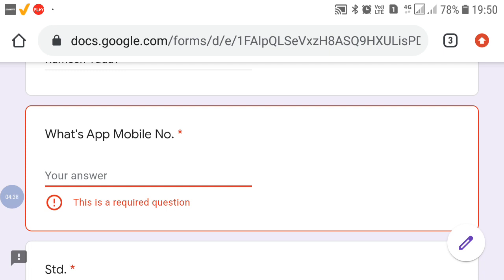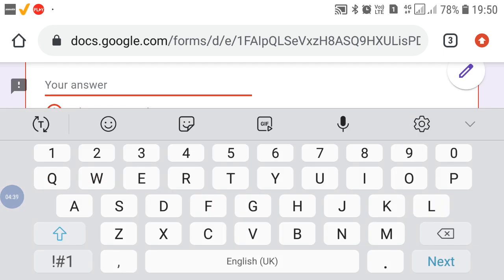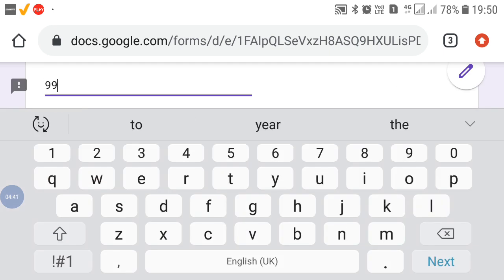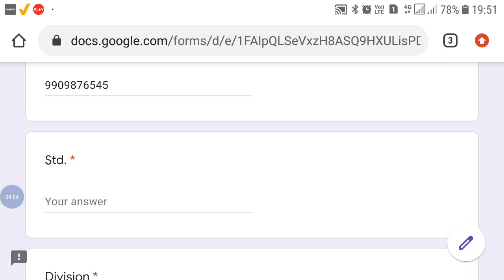Now next you have to write your mobile number. So please write your mobile number. What I have done is I have written my mobile number over here. Of course, this is not the real one.